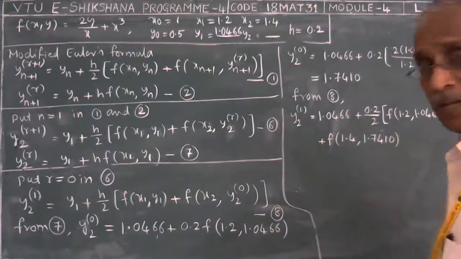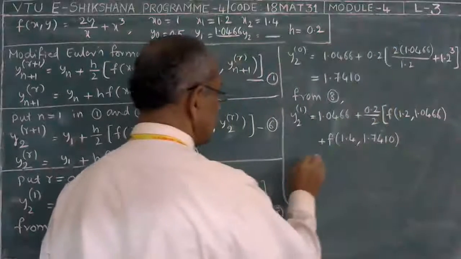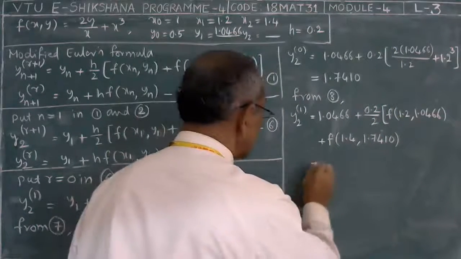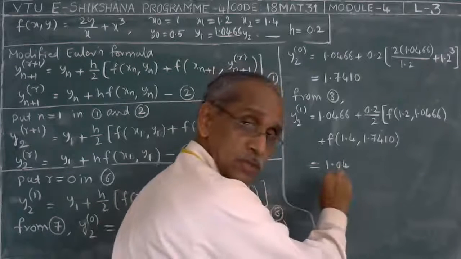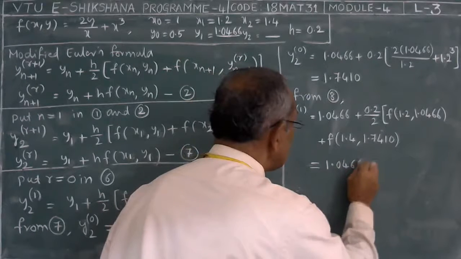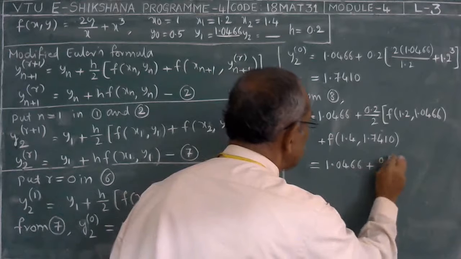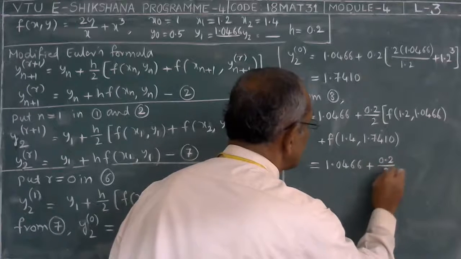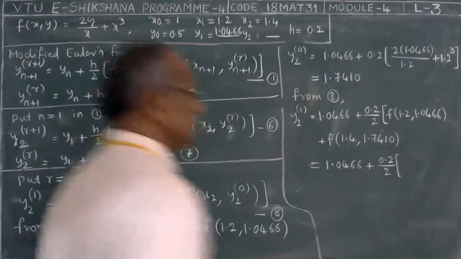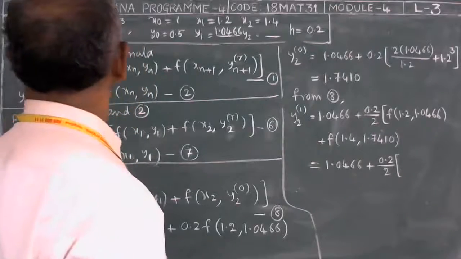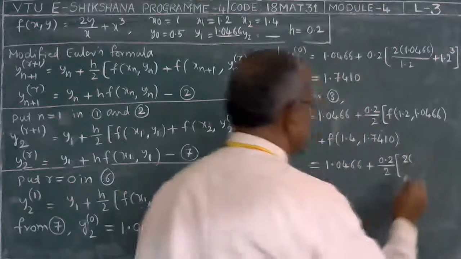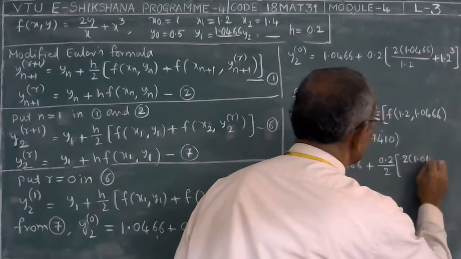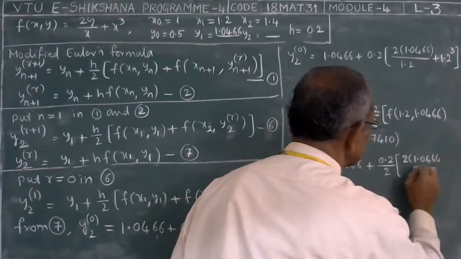Now let me ask you the definition of f of x comma y. So this is equal to 1.0466 plus 0.2 divided by 2 into y by x.